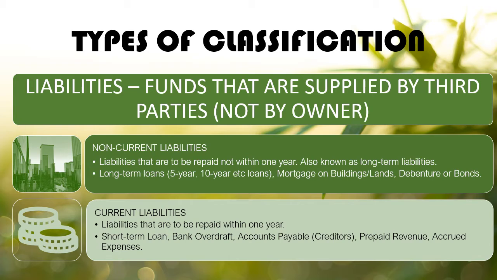So sumber kewangan saya, my source of fund, can come from two places. Okay, boleh datang pada dua tempat sahaja. It can either come from our own money, duit saya sendiri, or I can get the money from third party suppliers, bank ke, finance house ke.